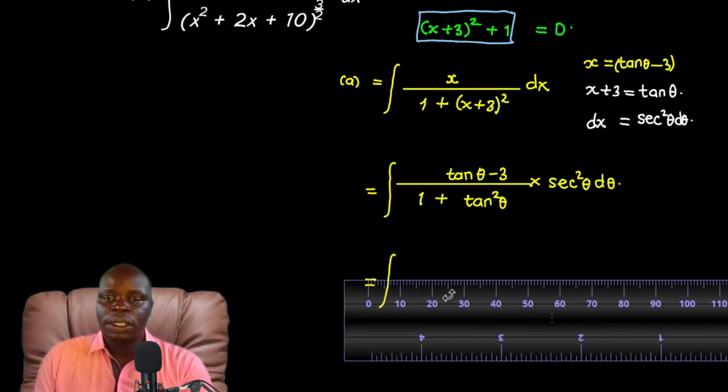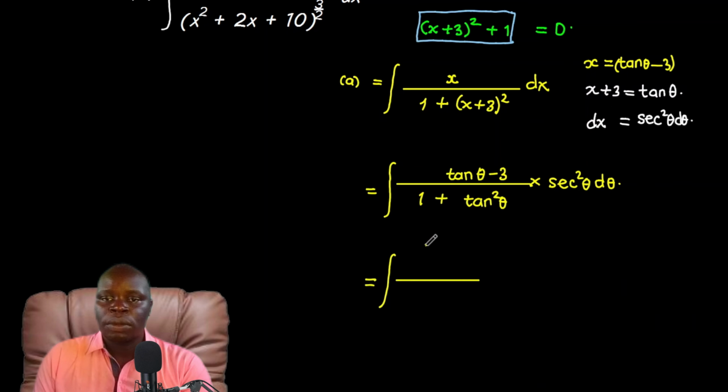And we have tan theta minus 3 in the numerator. From the denominator, we have secant squared theta times secant squared theta d theta, that came from the derivative of tan theta.